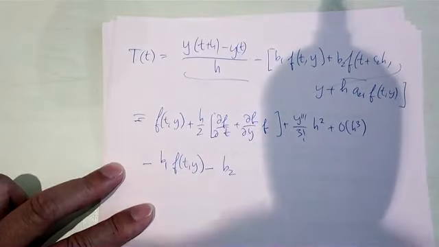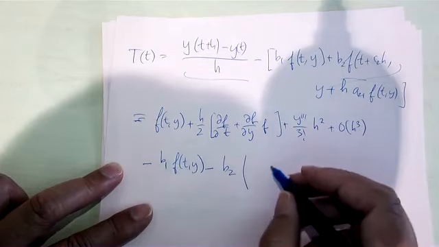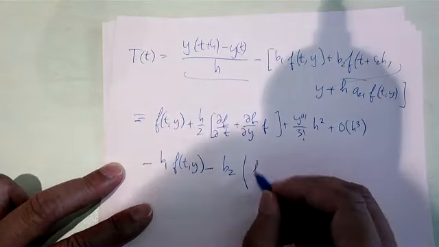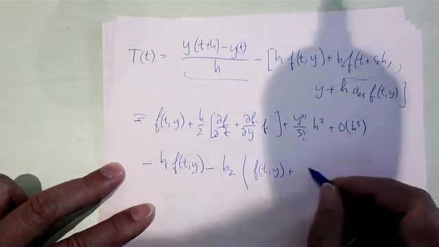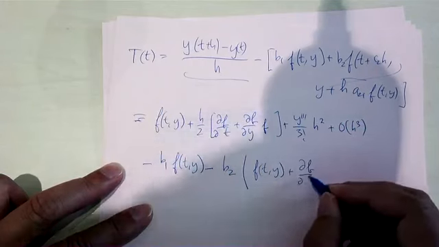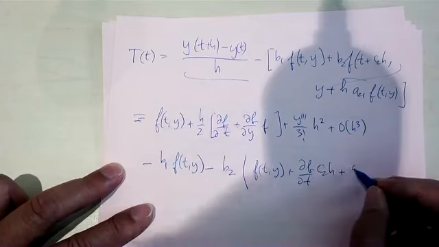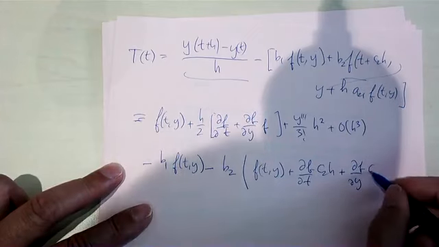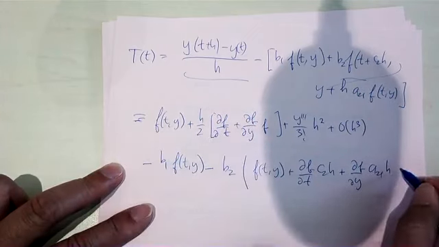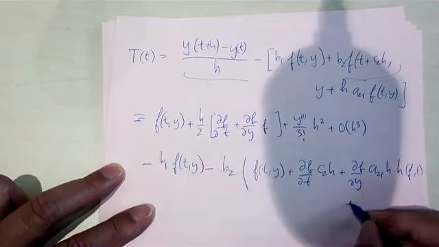I replace this one, so I have b2 times f dy plus partial f with respect to t times c2h plus partial f with respect to y times a21h f dy, plus O(h squared).